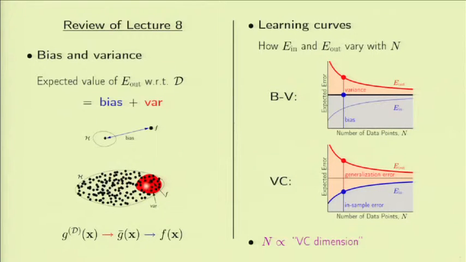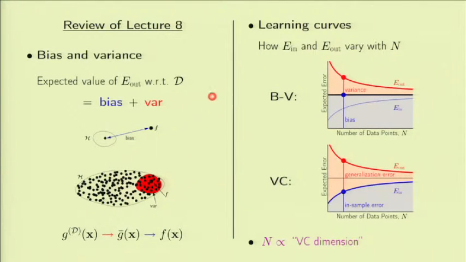So in order to get there, that is described by the size of the red region, and that is the variance. And then there is another one which is inevitable for a given hypothesis set, which is the hop from that one, which designates the best approximation in a certain sense within the hypothesis set of your target function, into your target function, and that difference is the bias which is captured here.